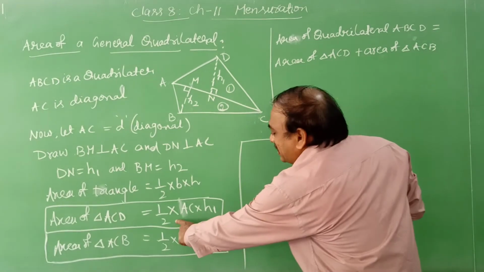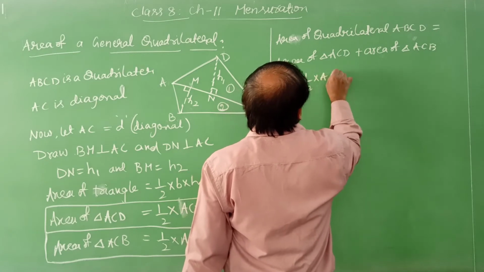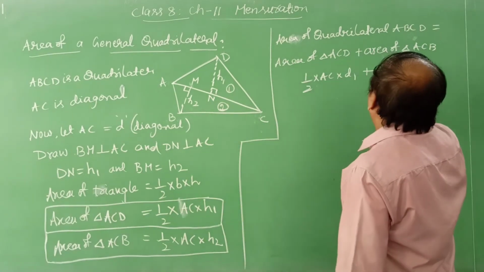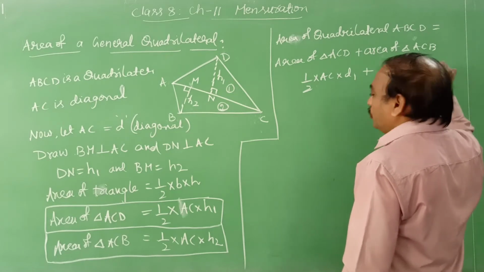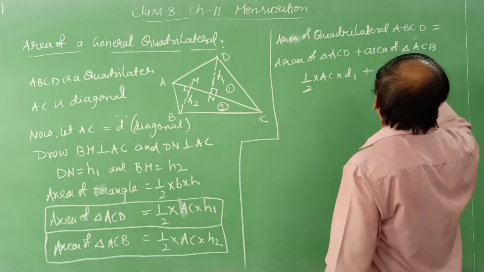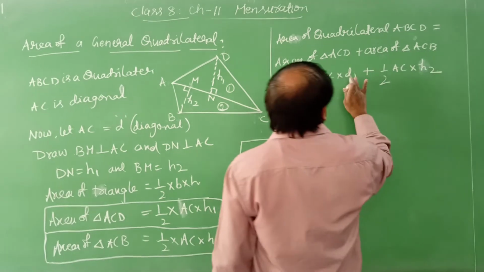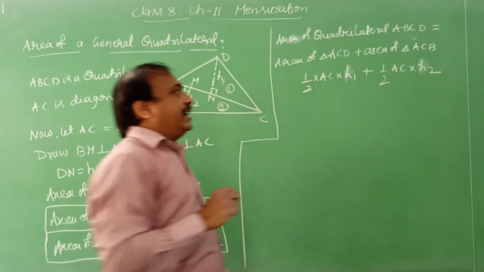So first, half into AC into H1 plus half into AC into H2.